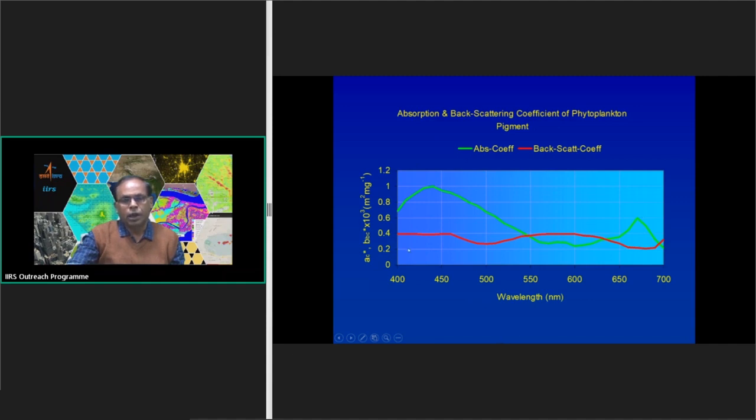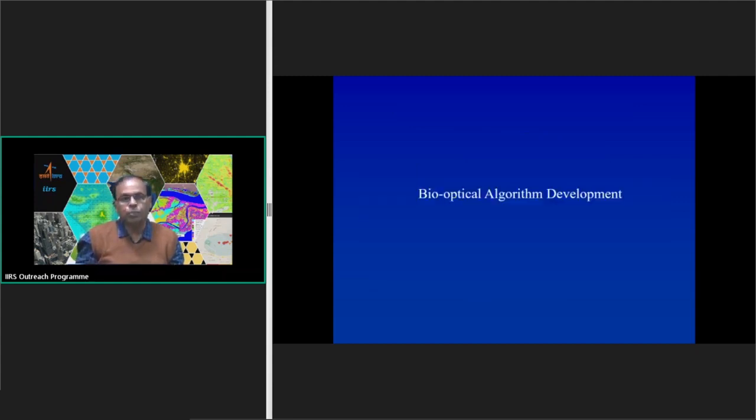And the scattering characteristics don't have a definite variation, and these two, absorption and backscattering characteristics, can be taken for different chlorophyll concentration to find out the reflectance spectra.